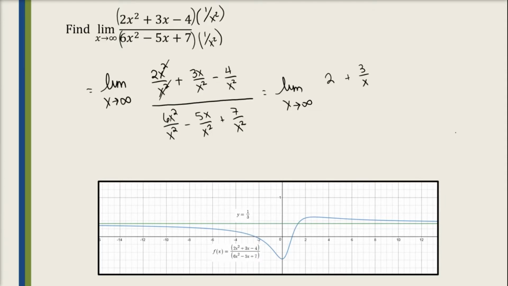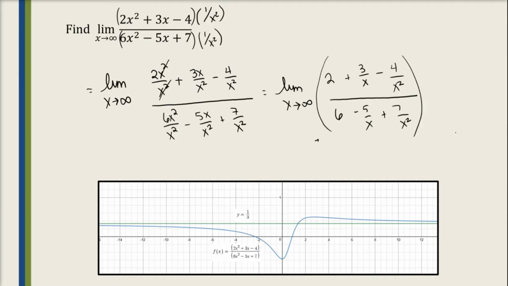And then we would have minus 4 over x squared, and this is over 6x squared over x squared, which is 6. The 5x over x squared would be, oh, that's a minus 5 over x. And then we have plus 7 over x squared. And we're taking the limit as x approaches infinity of all of this.